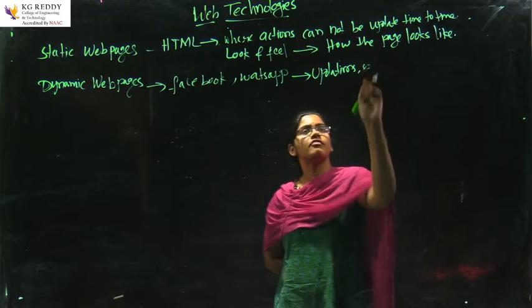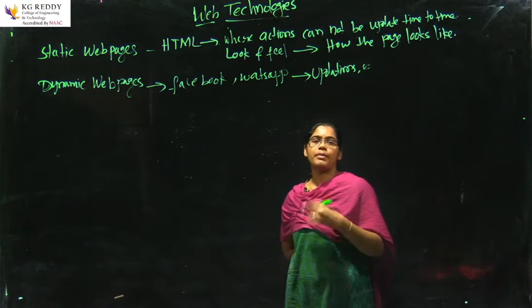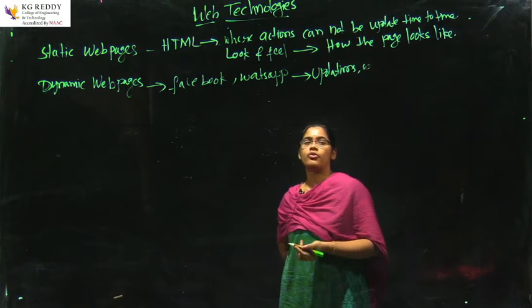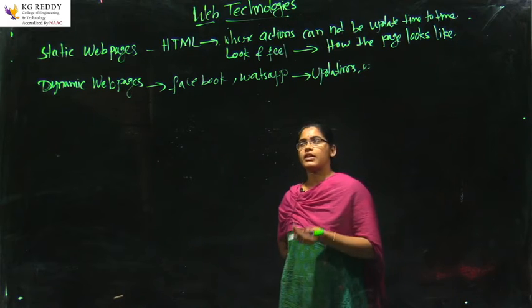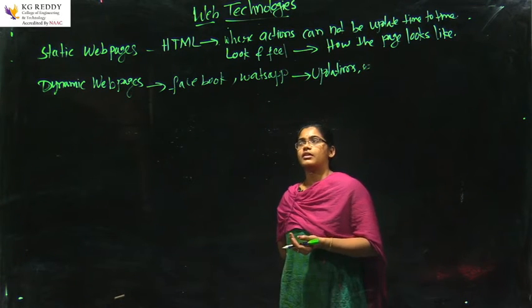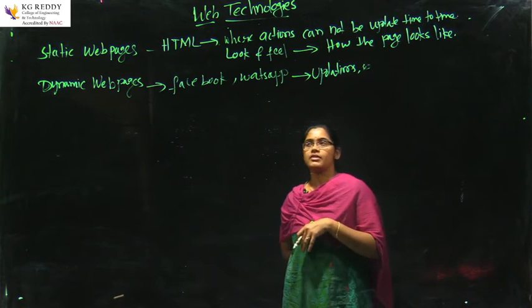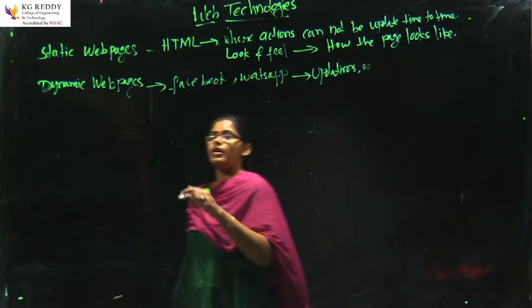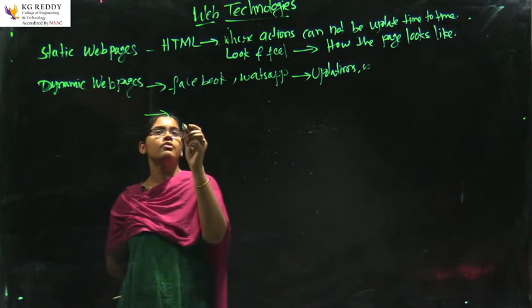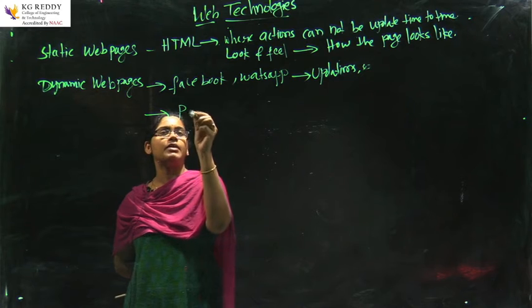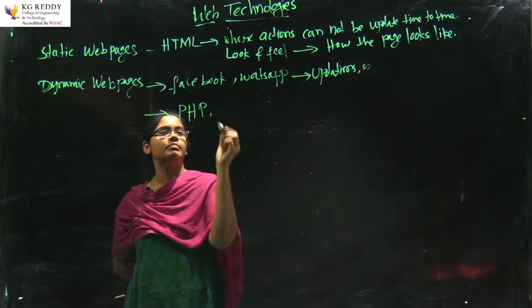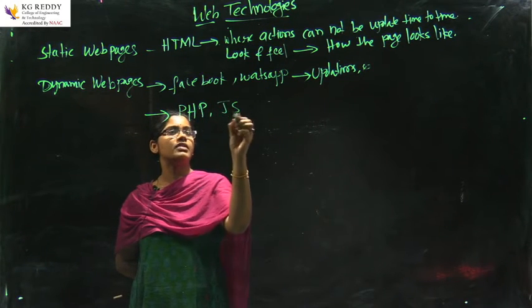Within a fraction of seconds we can change the page, upload a photo, send a text, send a video, like that. So all come under dynamic web pages. For dynamic web pages we use scripting languages like PHP and JavaScript.